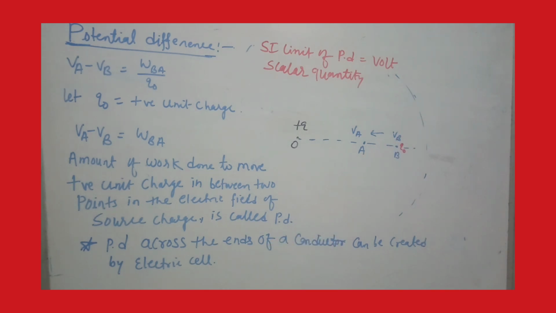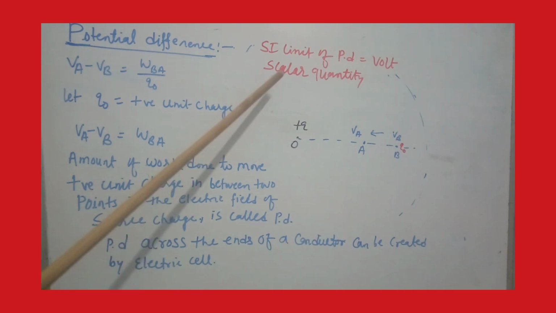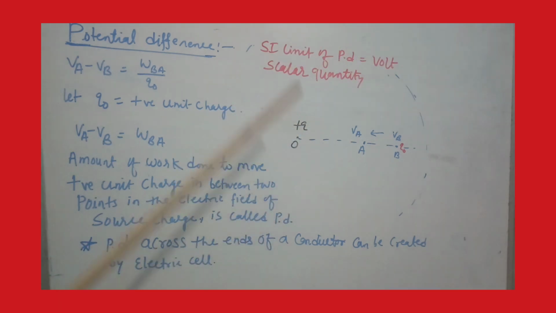So the SI unit of potential difference is volt, and it is also a scalar quantity and it is an absolute quantity. Okay, now potential difference can we develop across the ends of a conductor with the help of an electric cell or battery.